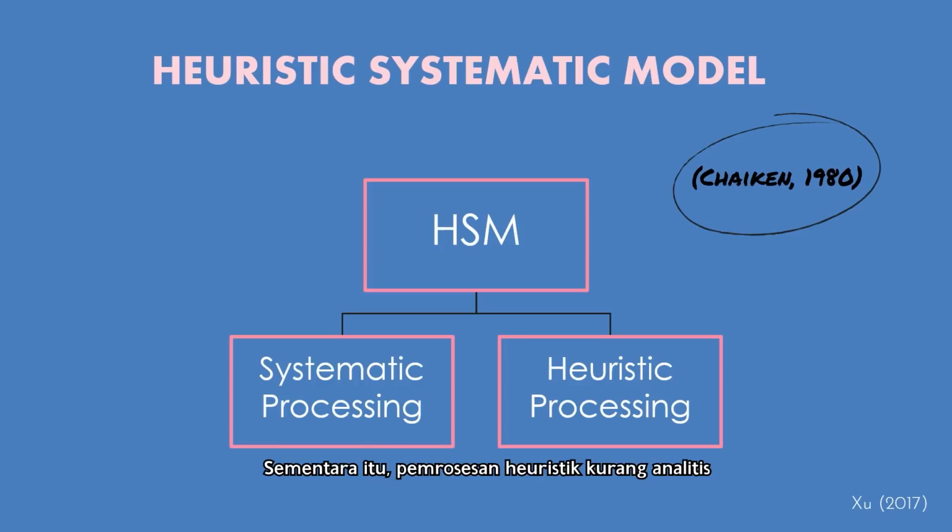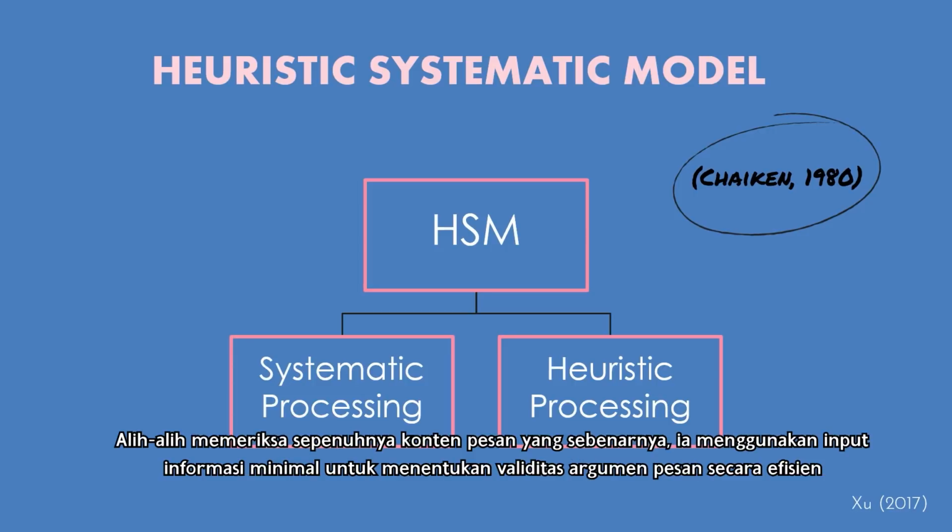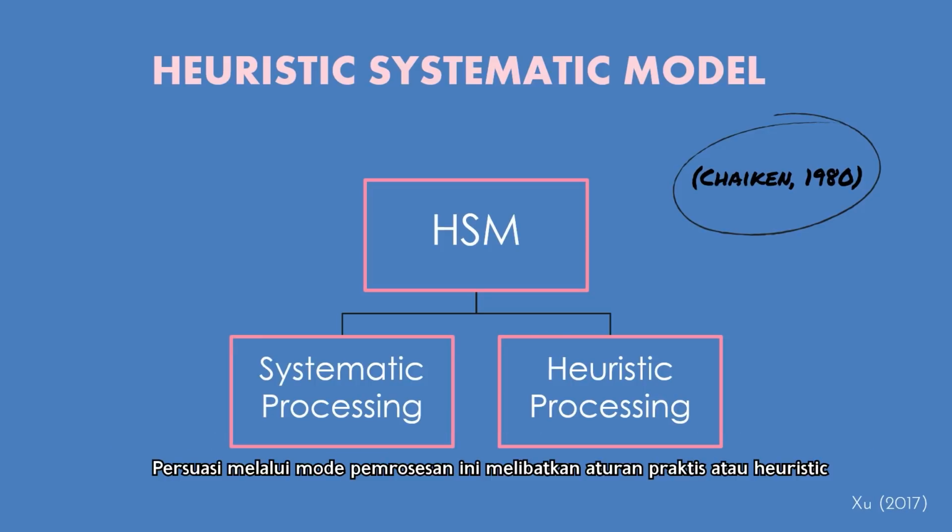Meanwhile, heuristic processing is less analytical. Instead of fully examining the actual content of a message, it uses minimal information input to determine the validity of the message argument. Persuasion via this processing mode involves rules of thumb, or heuristics.